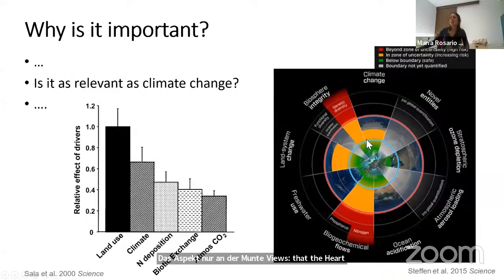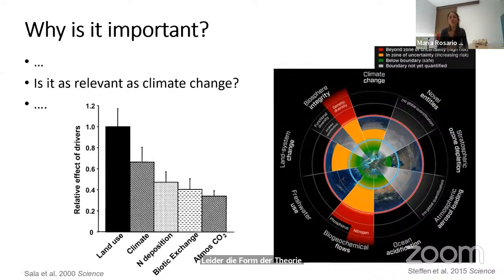And they identify this blue ring here, where the use within the blue line would be below the boundary, what the Earth can provide in a safe manner. The use above this blue line and before the red ring would be in a zone of uncertainty, where we don't know what the consequences can be.